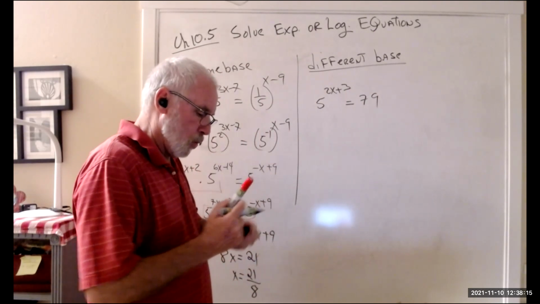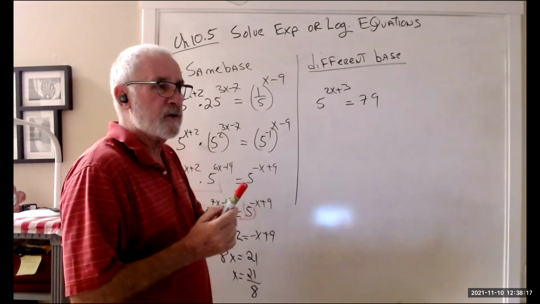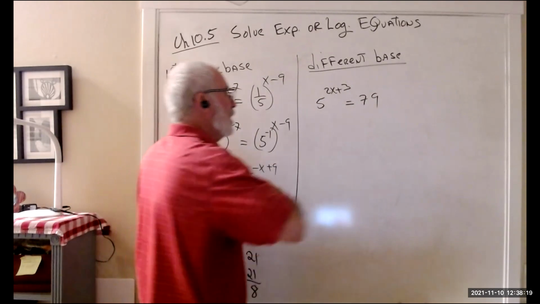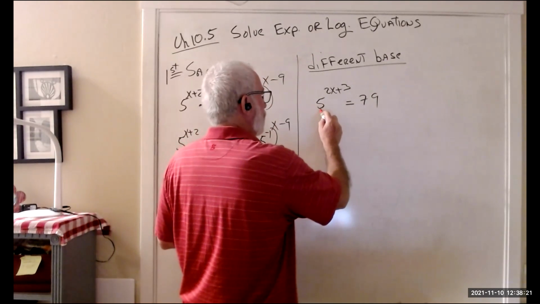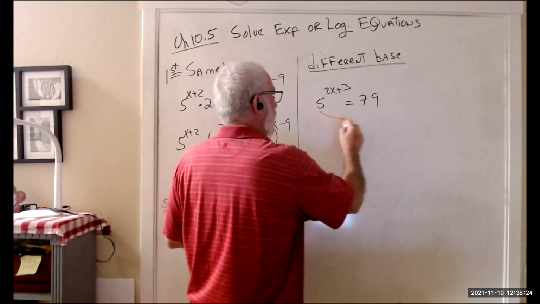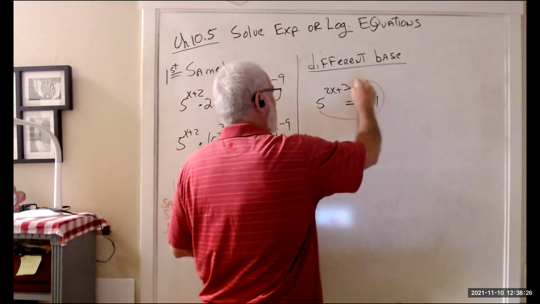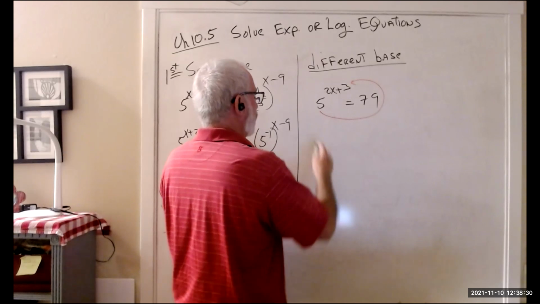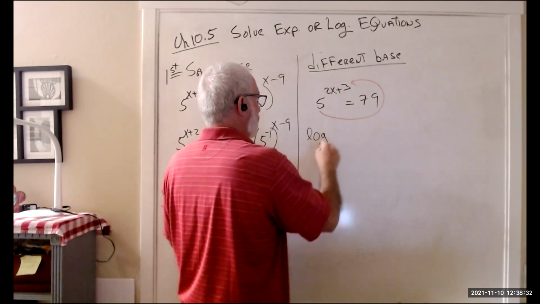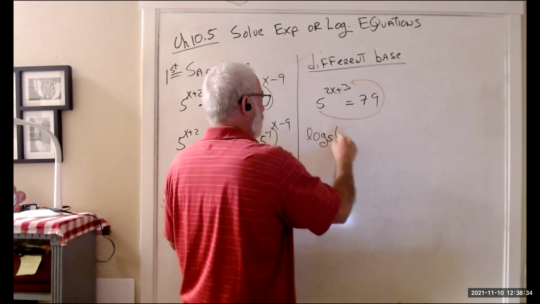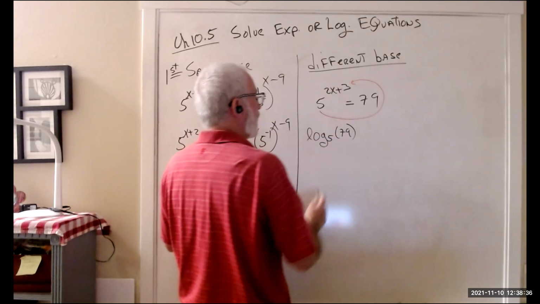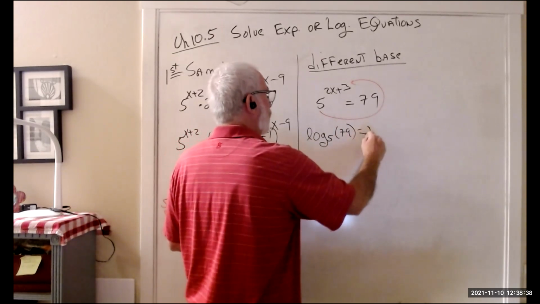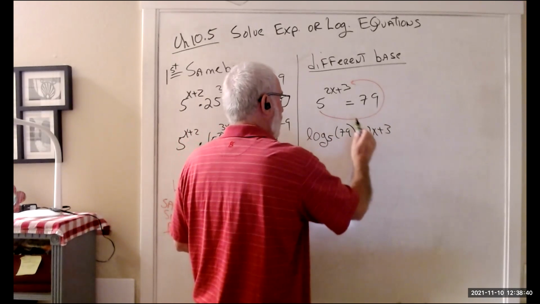Now, earlier this evening we just spent time talking about the bridge rule. 5 to the something equals 79 was log base 5 of 79 equals 2x plus 3.